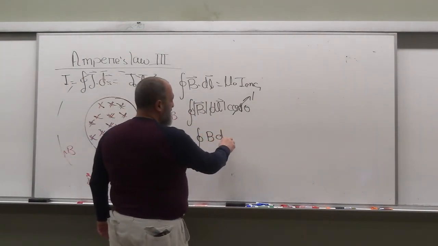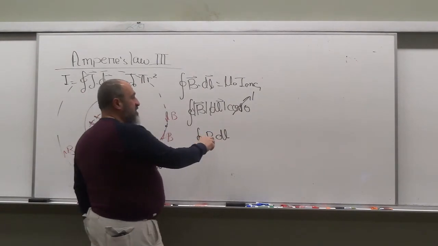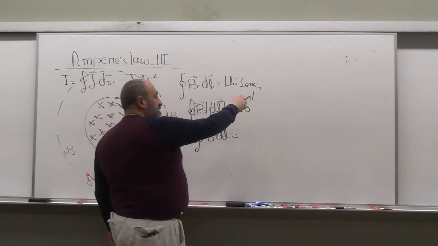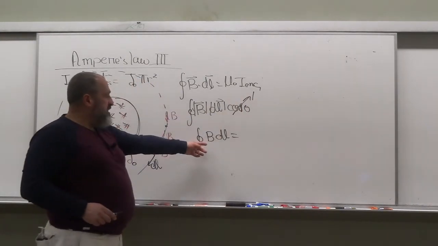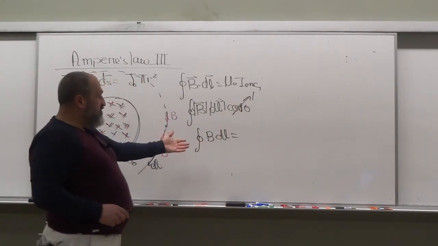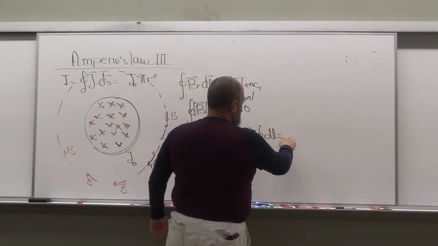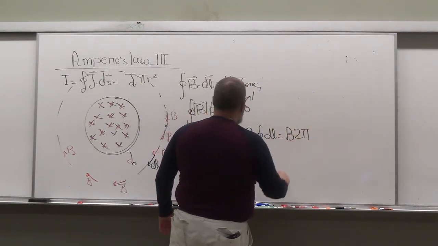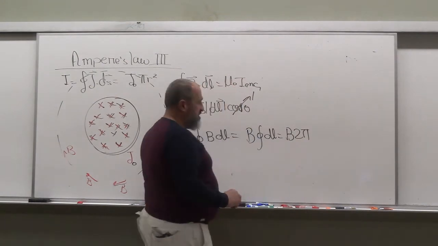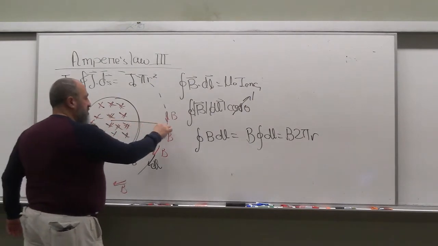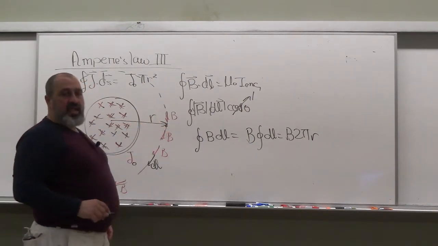This is B dL, but we understand that this means magnitude. B comes out of the integral because we've gotten rid of cosine theta as 1, and B is uniform, so this is B times the integral of dL, which equals B times 2 pi r, where r is the radius of the Amperian loop that we picked.